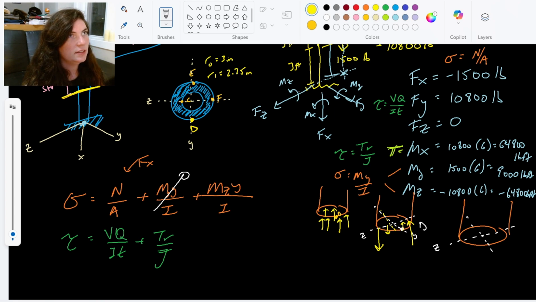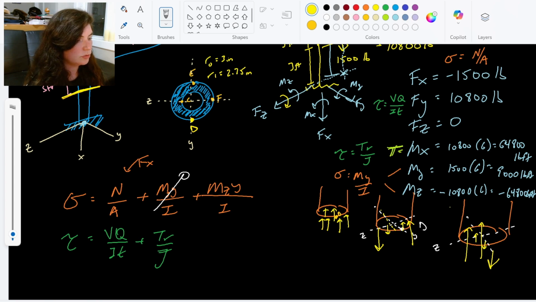This Mz is negative, so it's actually opposite of the way that I've drawn it. This is the actual orientation, which means it's compressing up on this backside over here. Then it gets smaller as we get towards the centroid, and then it switches direction.